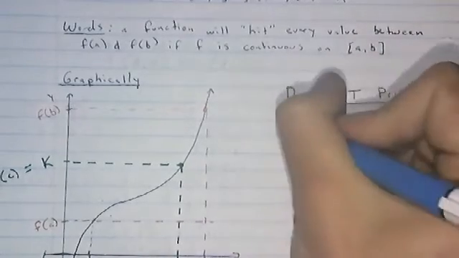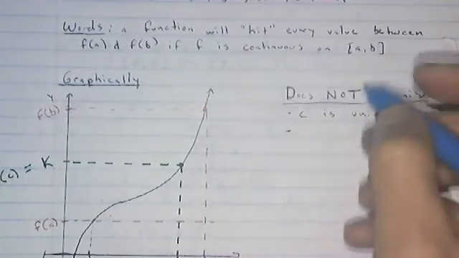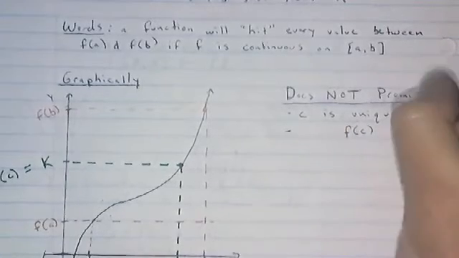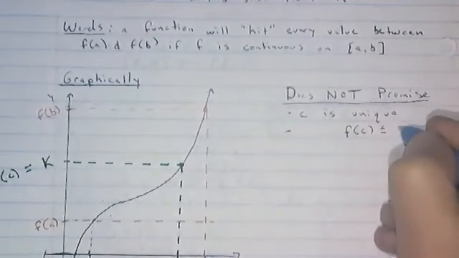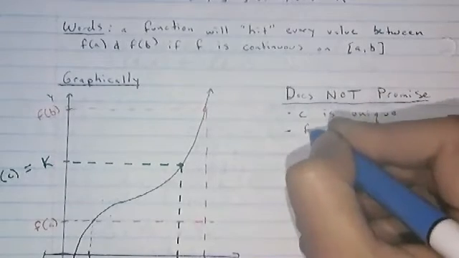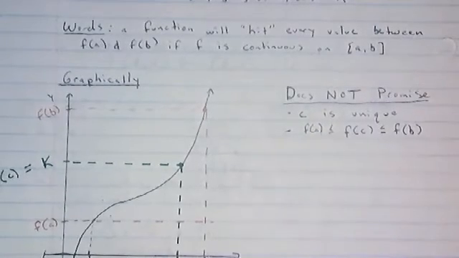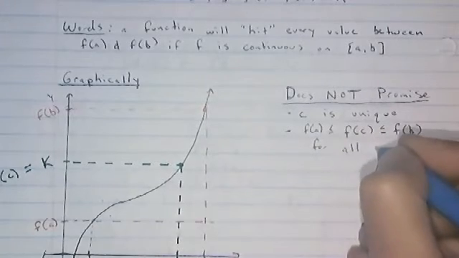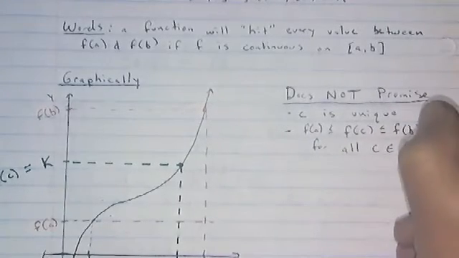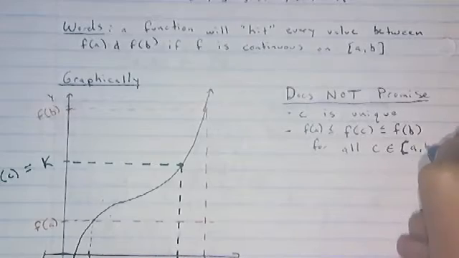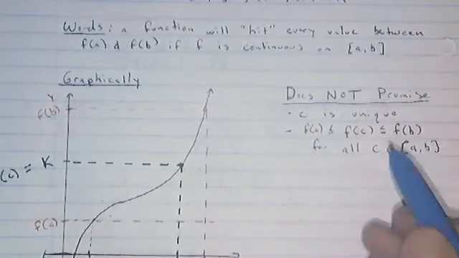It also importantly does not promise that f of C is sandwiched between f of A and f of B for all C in that interval, which seems like, wait, doesn't it say that?